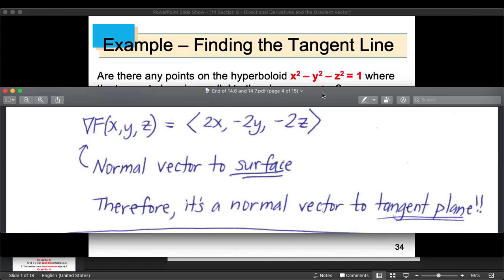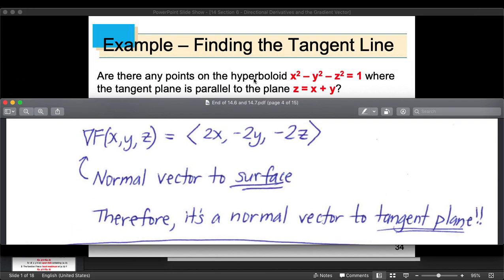Now, if we take a quick peek at the question again, it says, are there any points on the hyperboloid where the tangent plane to the hyperboloid is parallel to this given plane here? And as we can recall from chapter 12, what do we know about when you have two planes that are parallel? What has to be true? So I'll ask again, what has to be true about two planes that are parallel to each other?